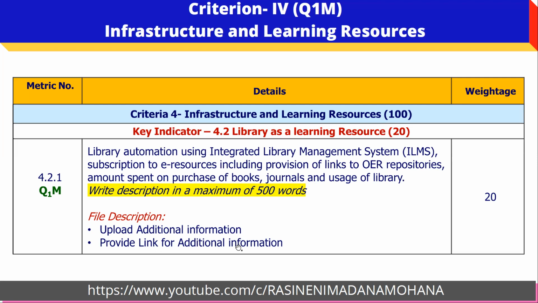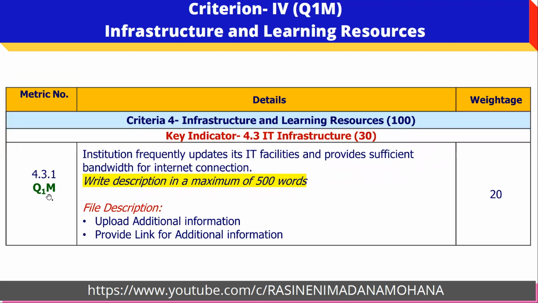Then provide a link for additional information, any other information which is available on the library page, you can give that library link here. This is the second qualitative metric. Then coming to the third qualitative metric 4.3.1, which comes under the key indicator 4.3 IT infrastructure, which carries 20 weightage. The question is: the institution frequently updates its IT facilities and provides sufficient bandwidth for internet connection.